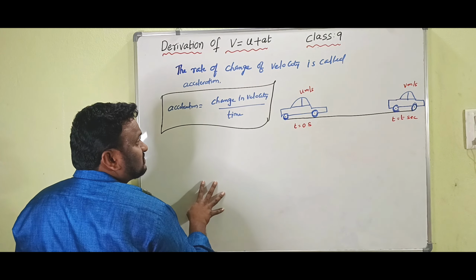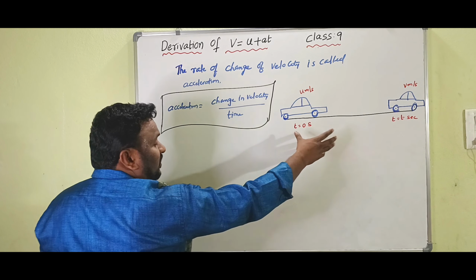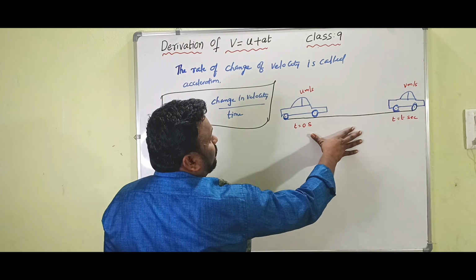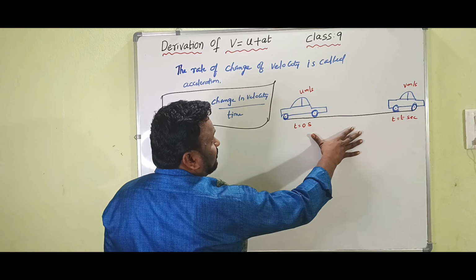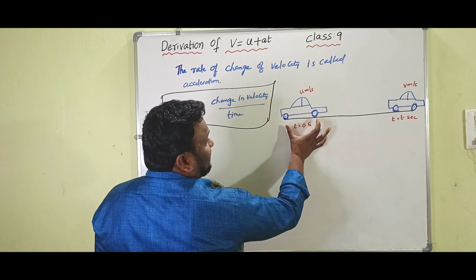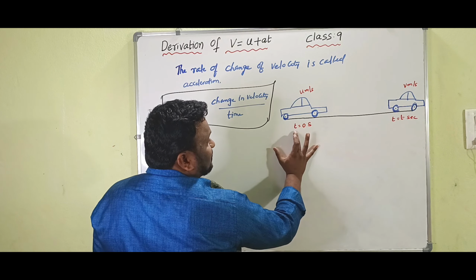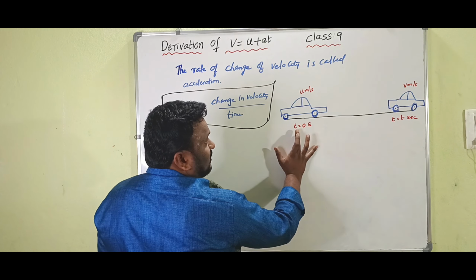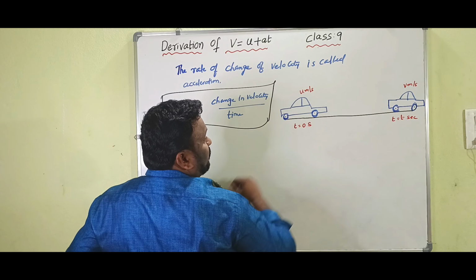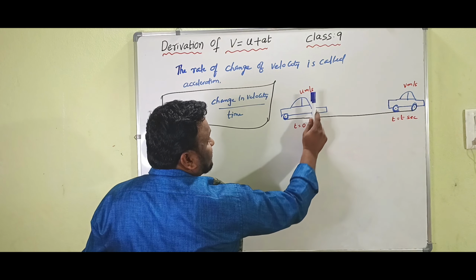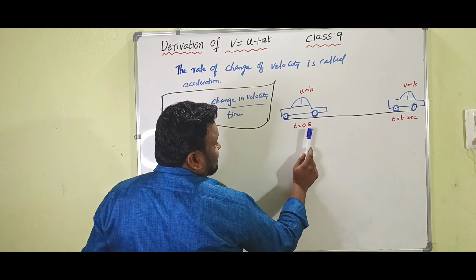So children, in this we have one diagram. Here there is one car. Initially it has some velocity u meter per second at t equals 0 seconds.